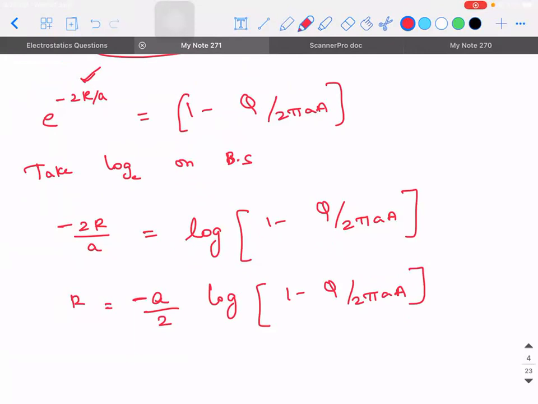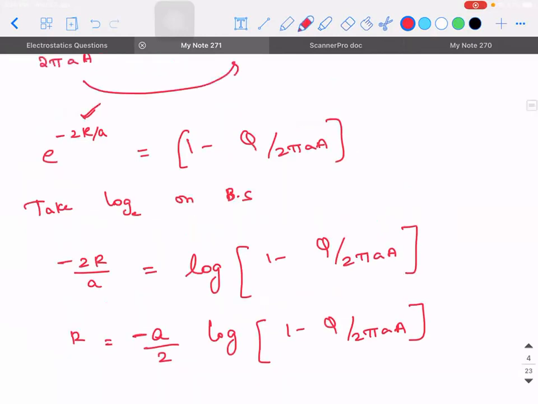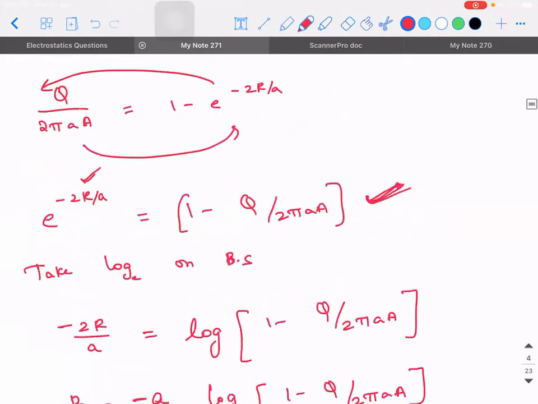Okay, wait, actually what I should have done is, since R has to be capital, tell me, guys, are you clear with this step, the one which I put a tick? Yes, sir.